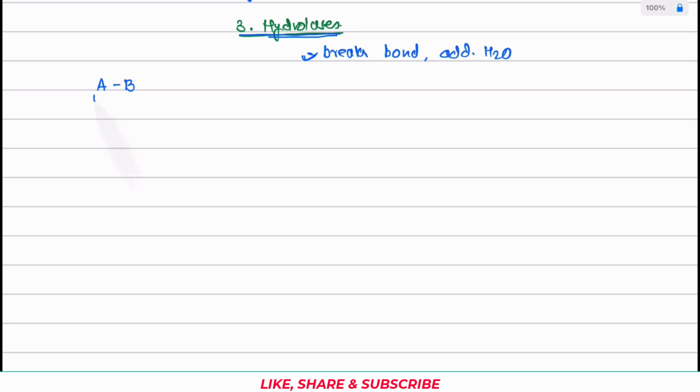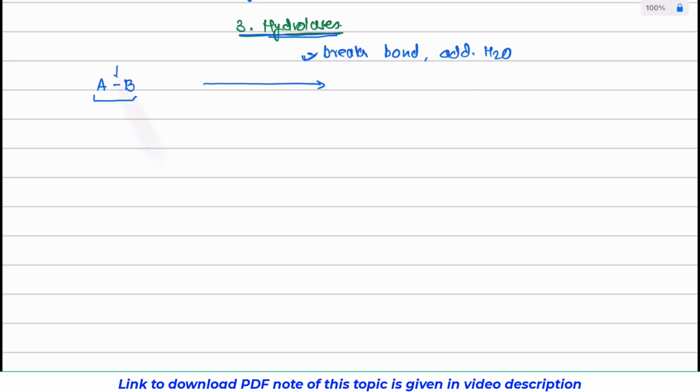This is only a single compound in which A and B are both bonded. Now this bond is broken down by the addition of water. The water molecule itself gets distributed between A and B. Let's say A gets a hydrogen atom and B gets an OH group. So ultimately it will be AH plus BOH. Such reactions are catalyzed by the hydrolases group of enzymes.